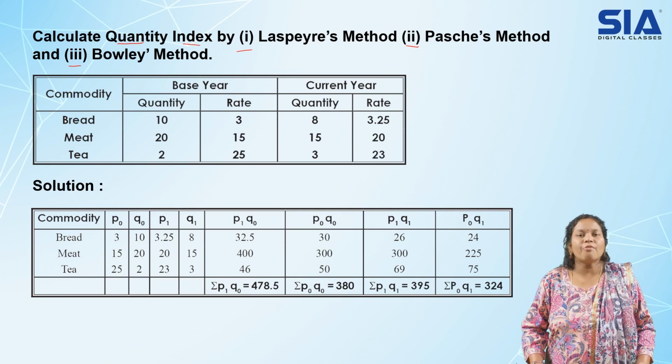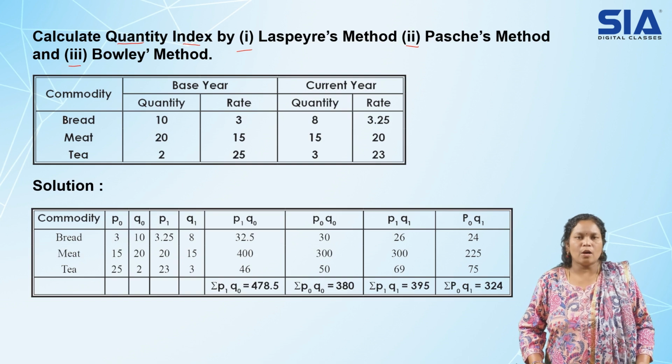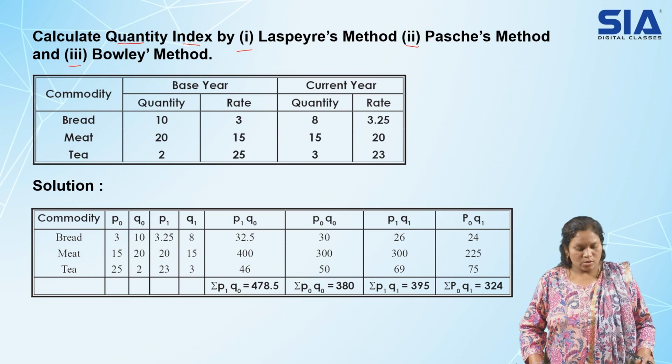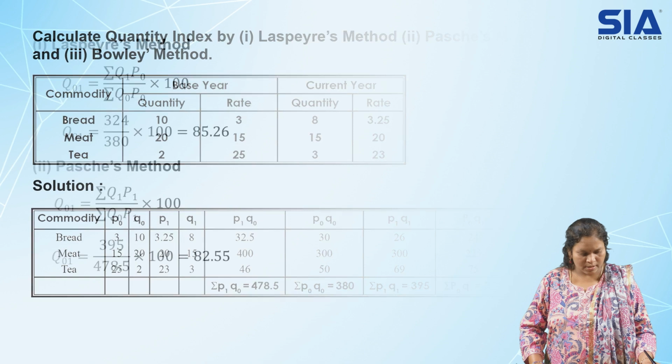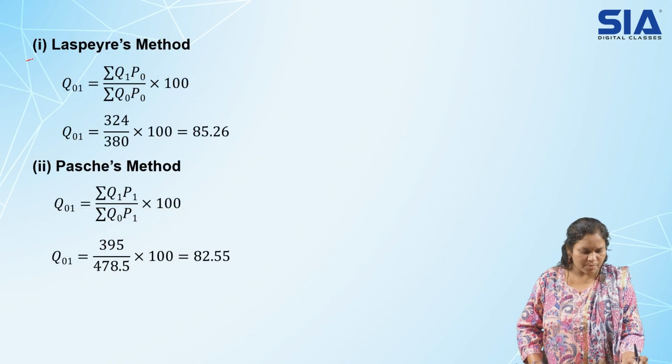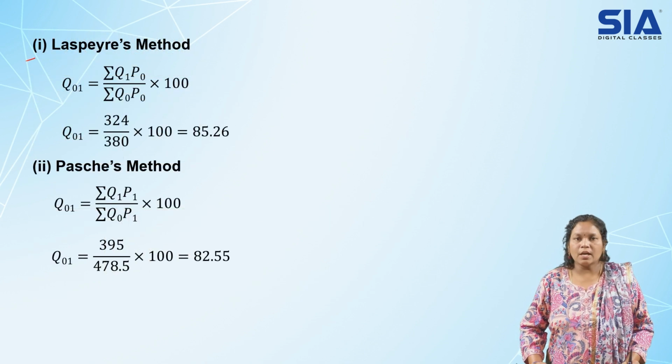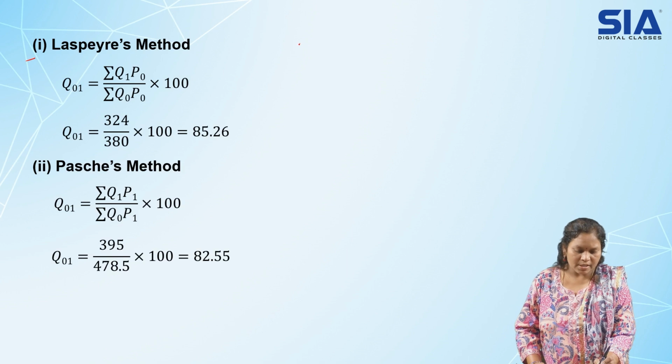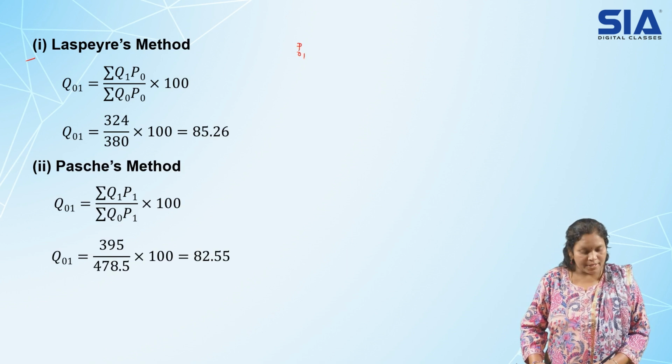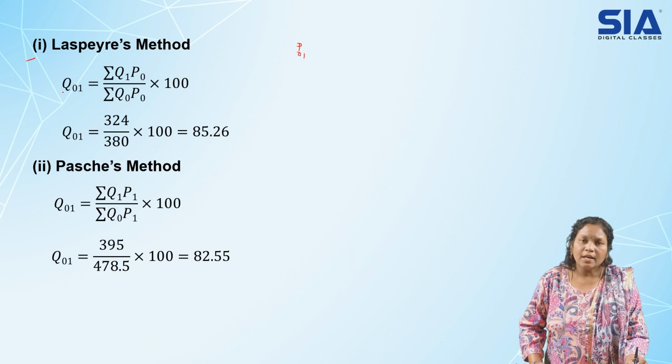Let us check the formulas first and then come back to the table and how the procedure will go on. First, last year's method formula. Just like price indices, for quantity indices the notation will change. For price indices we discussed earlier, it is P01. Now it is quantity here, so the quantity notation Q, Q01.